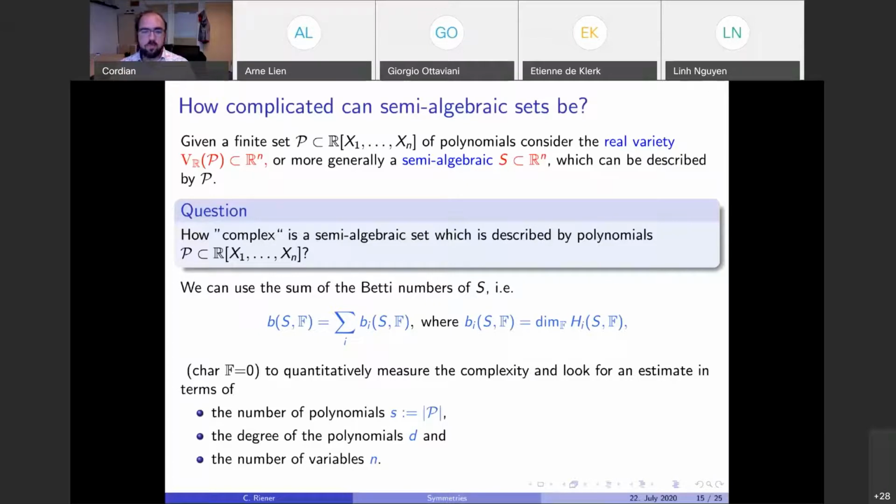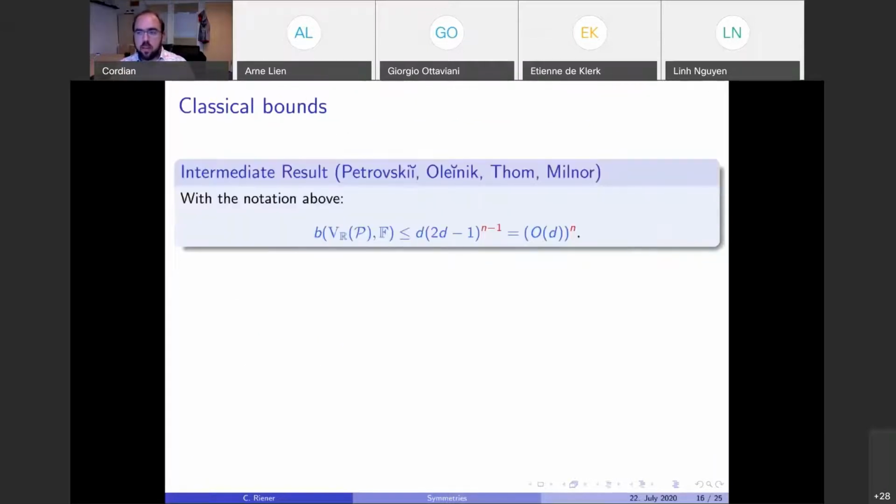Okay, so this is a very, very classical question, first studied in the 40s and 50s by Petrovsky, Oleinik, Thom, and Milnor. And the classical bound that you see here is, if I have a variety defined by polynomials of a given degree d in n variables, then essentially this quantity is bounded by something that is exponential in n for a fixed d.